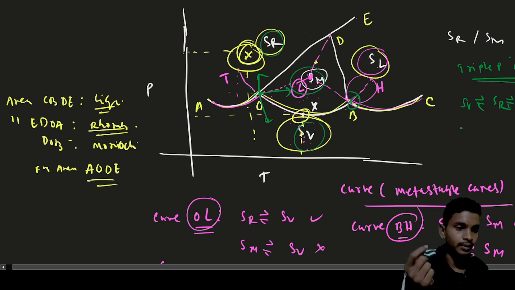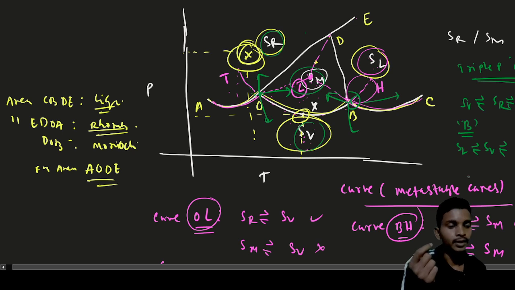Similarly, triple point B, one side SL and below side SB and inside is SM. And the metastable triple point, this is L.